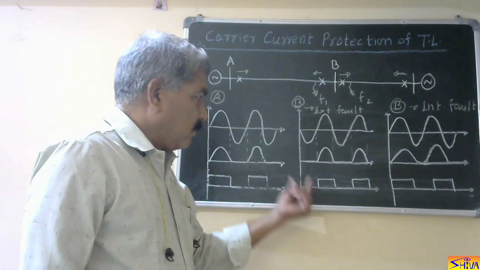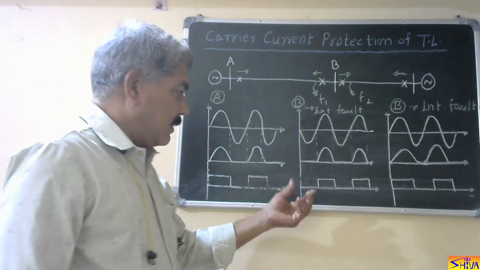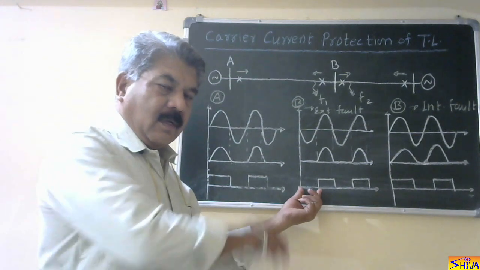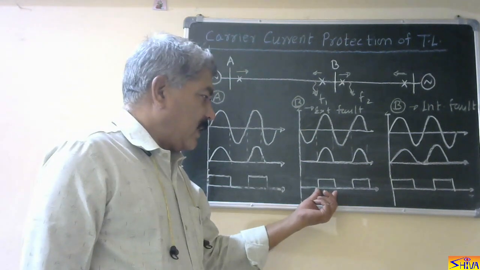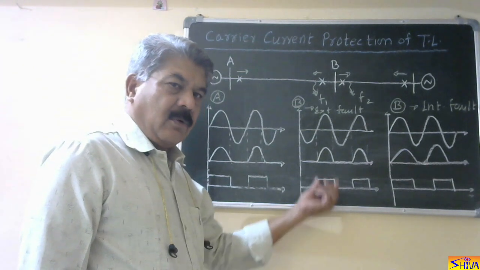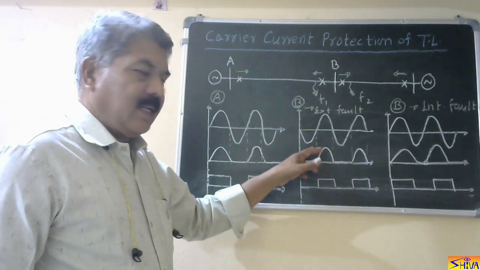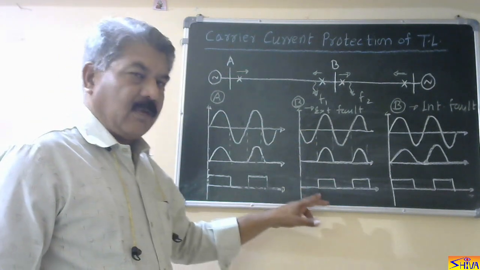Here also, when it receives the signal from A, the signal will be present from 0 to 180 degree due to the received signal, and from 180 degree to 360 degree due to its own signal. So we conclude that for normal condition as well as external fault, the signal is continuously present.